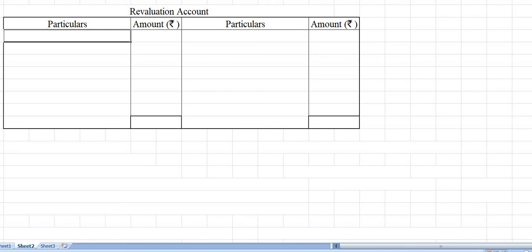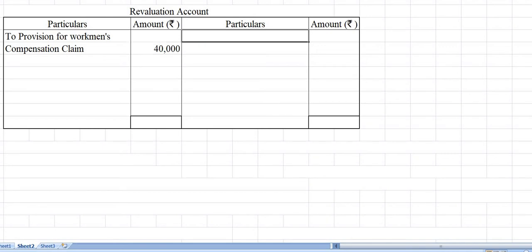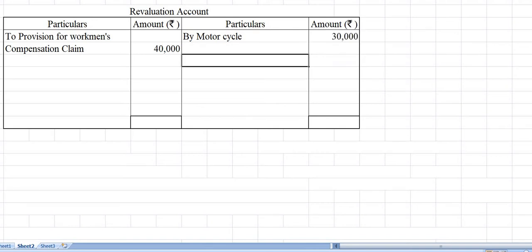So we write revaluation account debit to provision for workmen's compensation claim, 40,000. The next, a motorcycle came into the business. A new asset increases, so it will be on the credit side of the revaluation account. 30,000 is the amount.